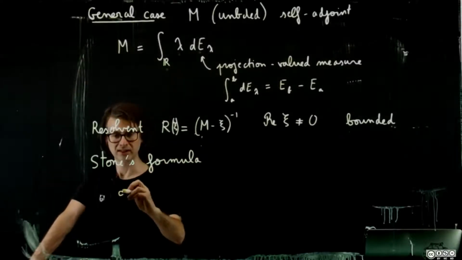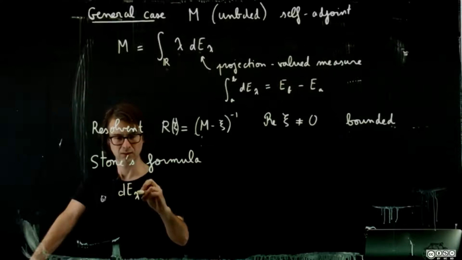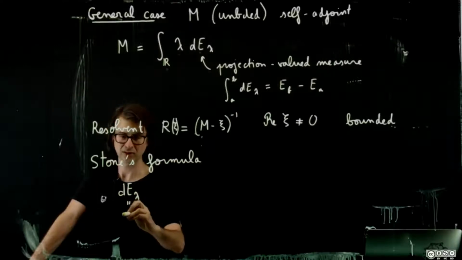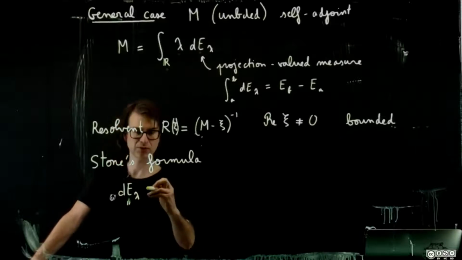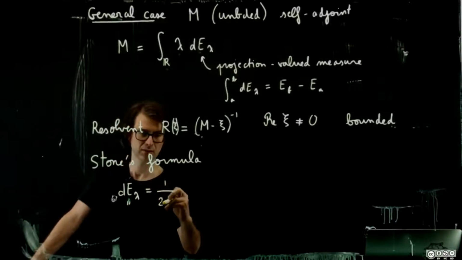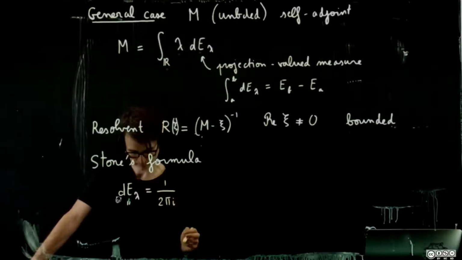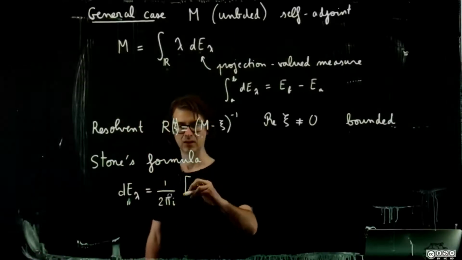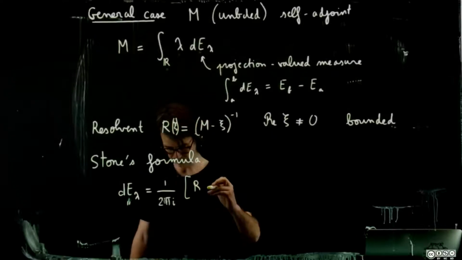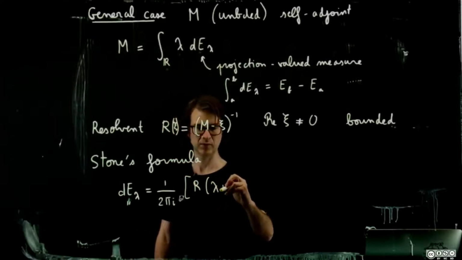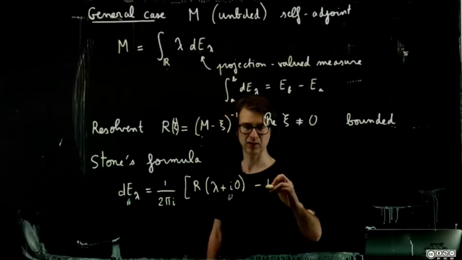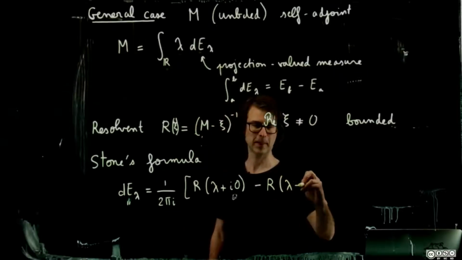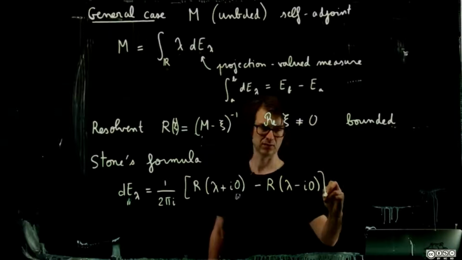So it's saying that dE lambda is 1 over 2 pi i times R of lambda plus i0 minus R of lambda minus i0.